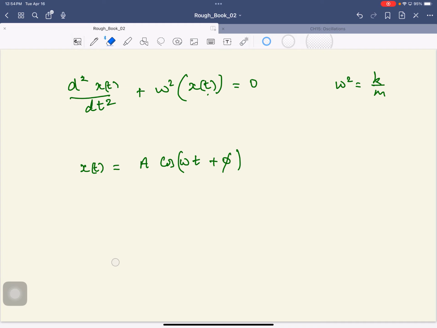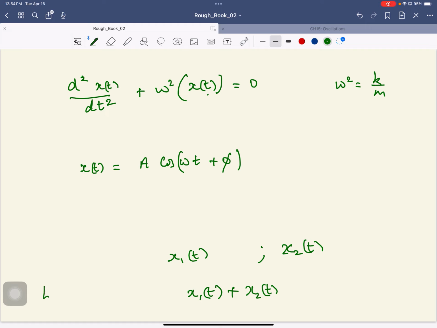If it's a linear differential equation, it doesn't matter what order it is: if x1 of t is a solution and x2 of t is a solution, then x1 of t plus x2 of t is also a solution. For linear differential equations, that's true. Did you guys understand that? So for instance, if the equation was like this, and this was a solution and this was a solution, this won't be a solution.